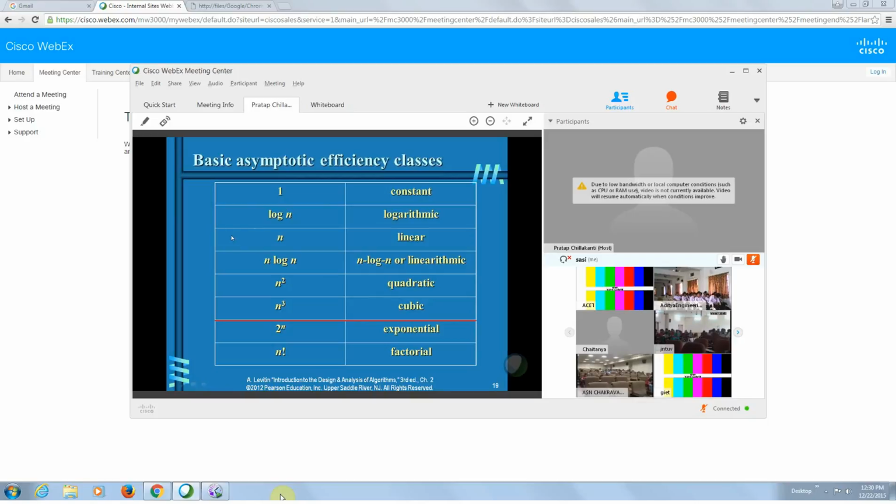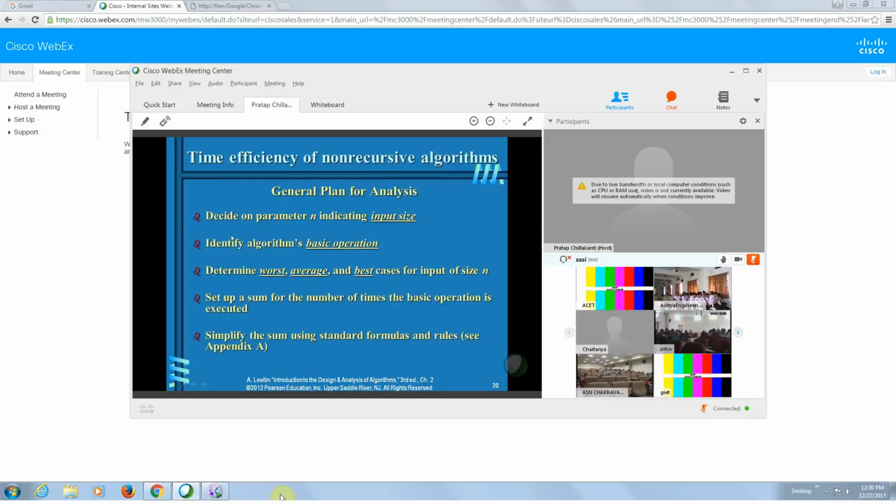Okay, having said that, what is n here? It shows here. How do you do that? When I give you an exam question to come up with those orders, you should know what n is and so on. So the parameter n indicates input size. What is the basic operation?